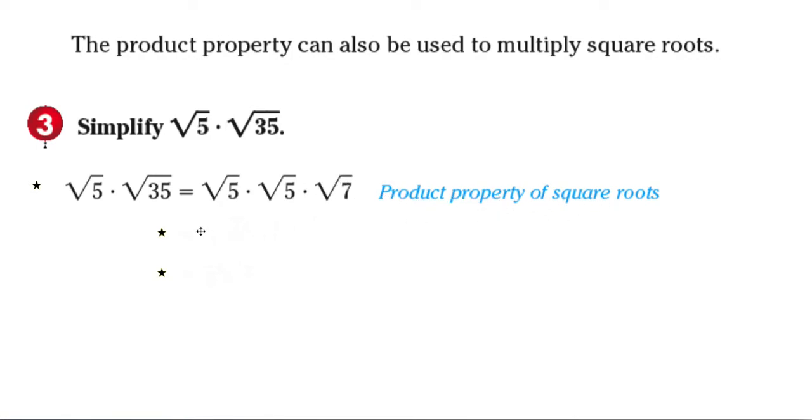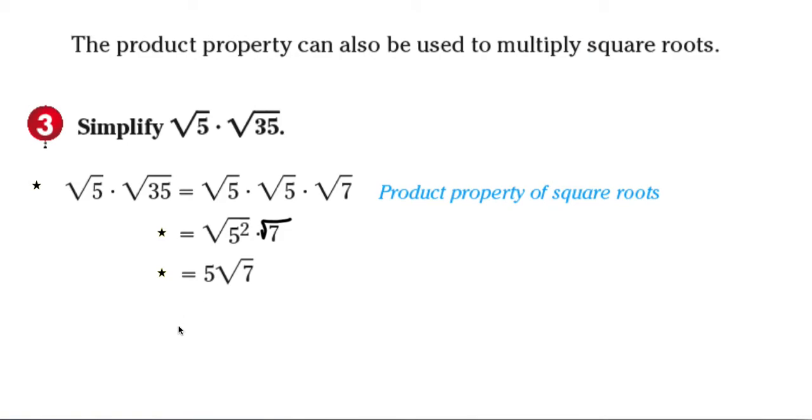Then you can combine radical 5 times radical 5 to become radical 5 squared times radical 7. And then that becomes 5 times radical 7. So again, we're getting the principal square root of 5 squared, which is 5.